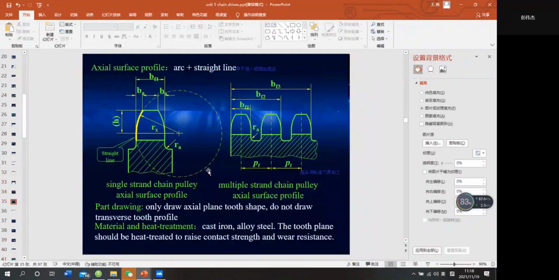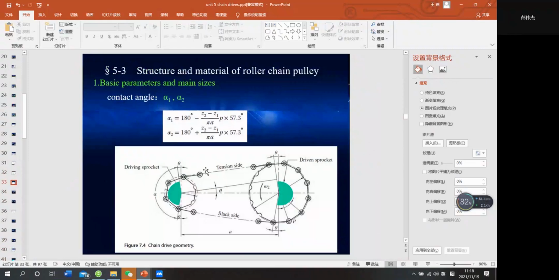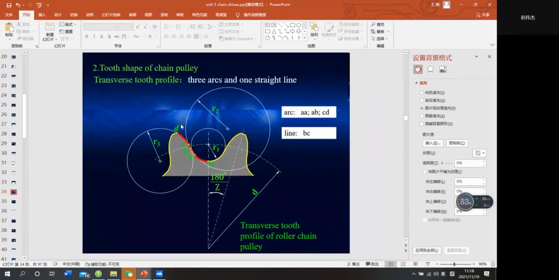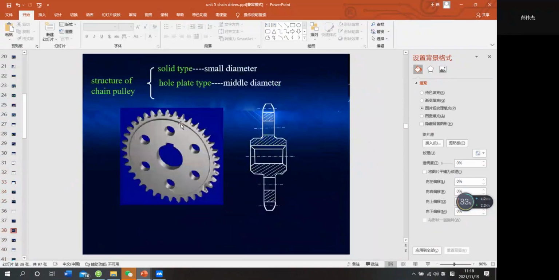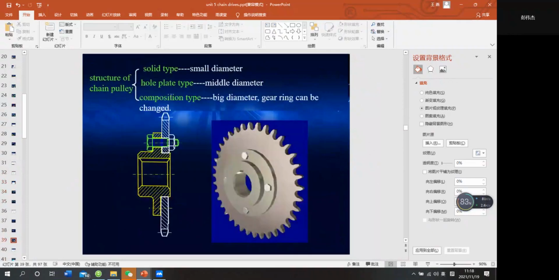And then we should know some calculations. For example, the contact angle, and you need to know how to choose the structure of chain pulley or chain sprocket according to their diameter.